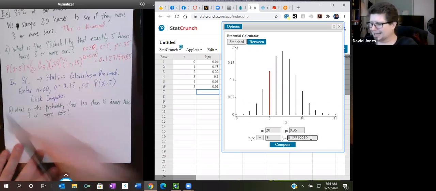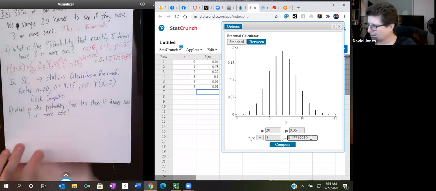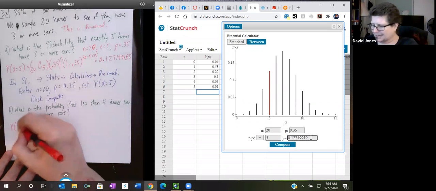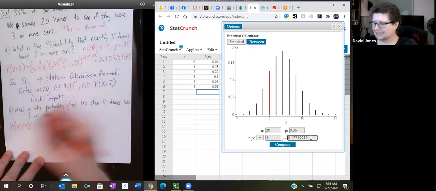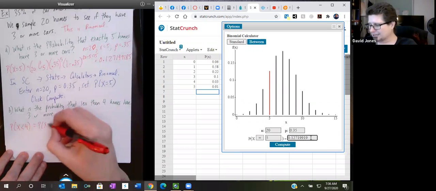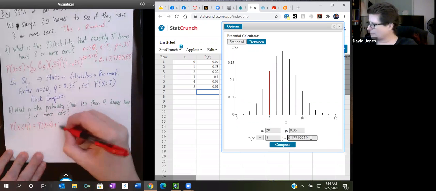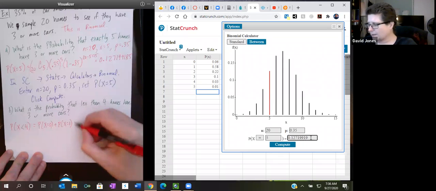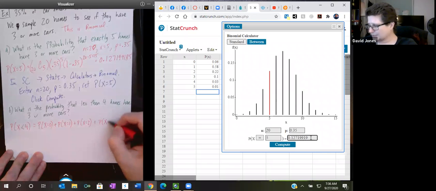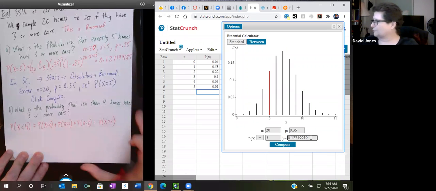If we're doing it by hand, the probability that x is less than 4 is that symbol right there, which means that it's the probability that x equals 0 plus the probability that x equals 1 plus the probability that x equals 2 plus the probability that x equals 3, and we don't include 4.